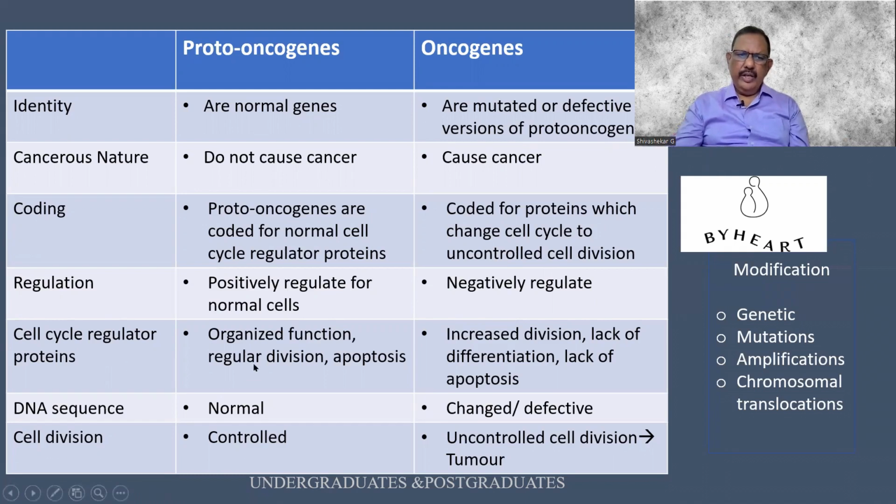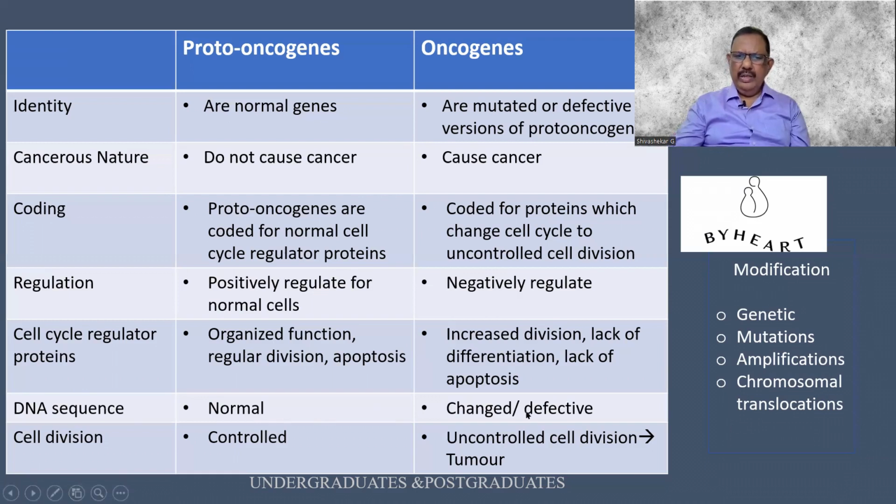Cell cycle regulator proteins have an organized function such as cell division and apoptosis, programmed cell death, which is not there in the case of oncogenes. There is increased division, lack of differentiation. Differentiation means resembling the cell of origin, and lack of apoptosis, as a result of which it multiplies and becomes abnormal.